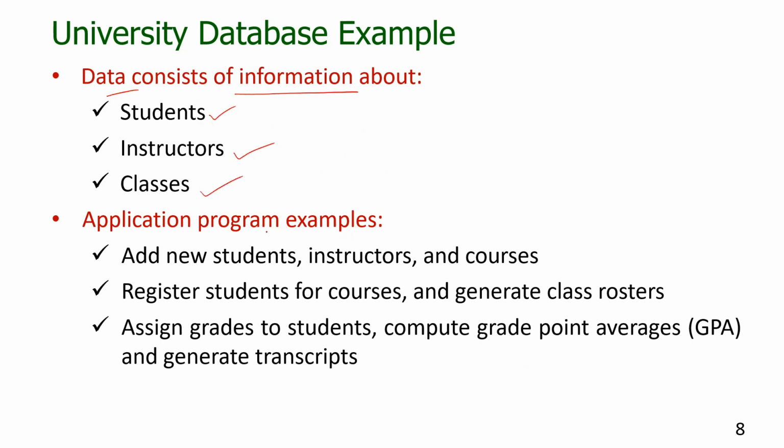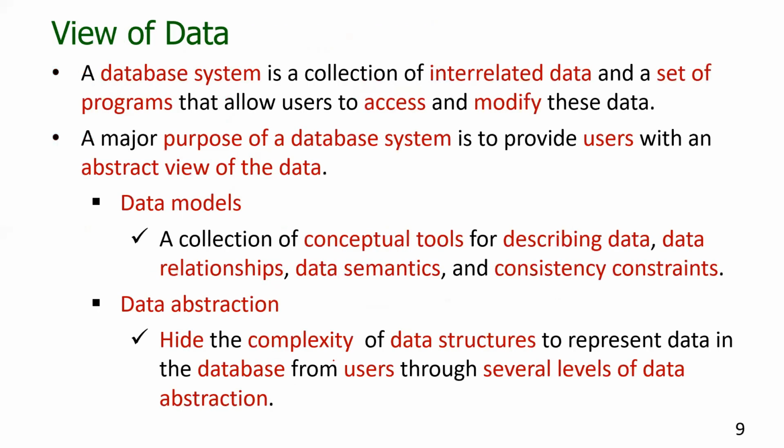Application program examples, meaning the operations you can perform on a university database: adding new students, instructors and courses; registering students for courses and generating class rosters; assigning grades to students, computing grade point averages, that is GPA, and generating transcripts. These are some of the operations possible on a university database.